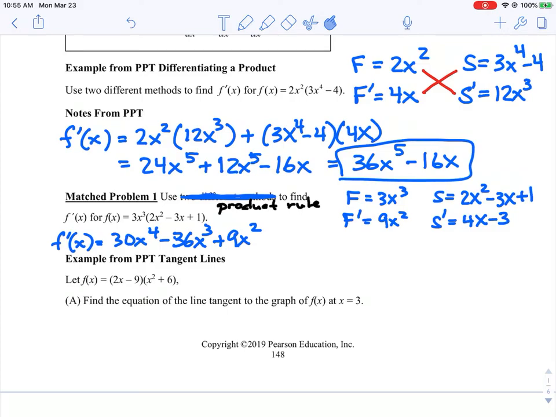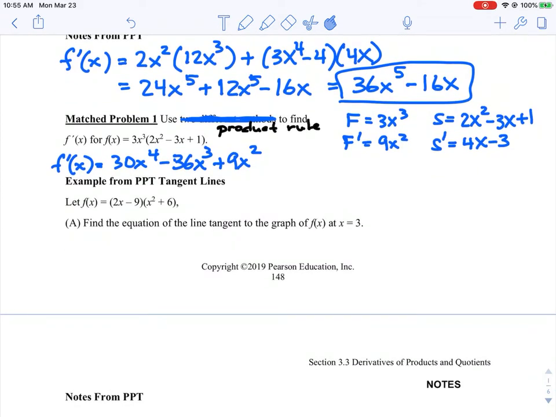I didn't show the work, I just showed the parts for that match problem 1, so hopefully you were able to get that answer. Let's look at our second example.